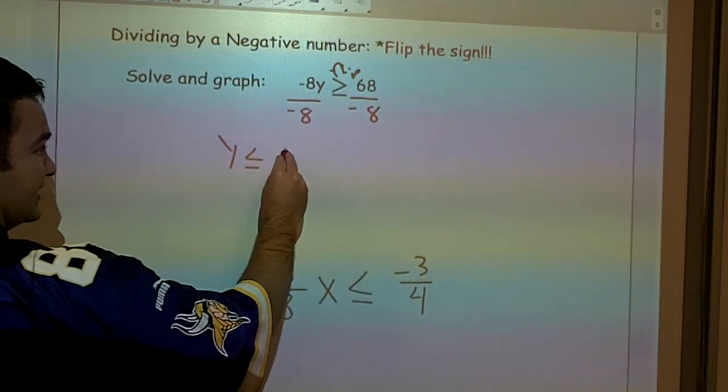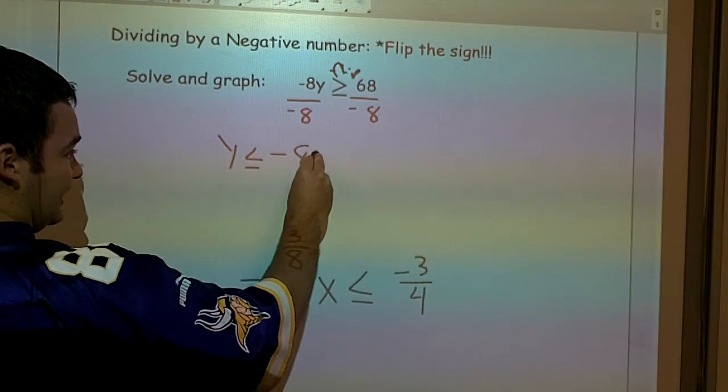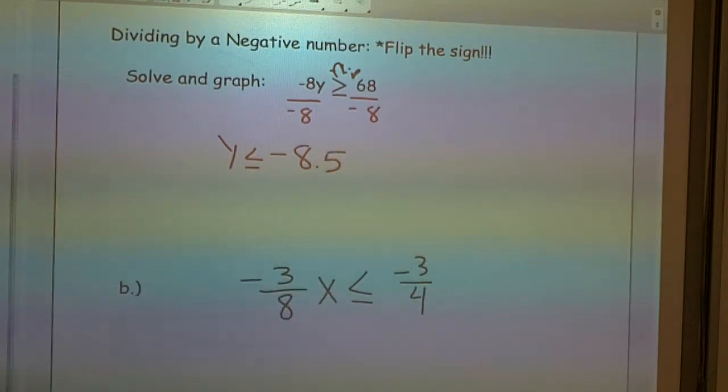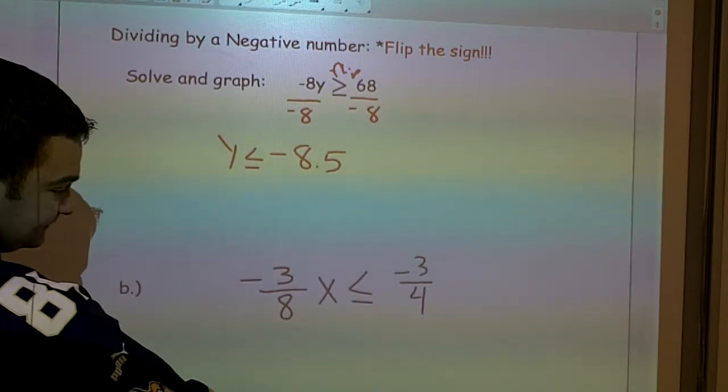I believe that is negative 8.5. Y has got to be less than or equal to negative 8.5. We're getting pretty good at the graph, so we'll skip that part.